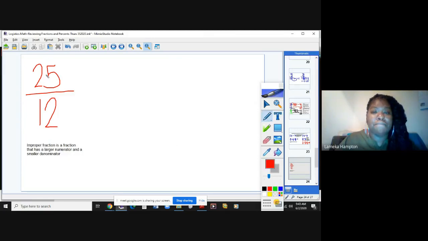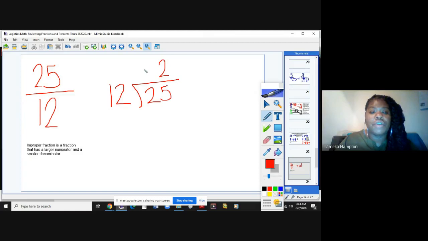Because this is an improper fraction, I am going to have to divide. Remember, fractions are nothing but division problems. So you are going to take your bottom number, which is 12, and you are going to divide that by your top number, which is 25. This is simple long division. 12 goes into 25 two times.